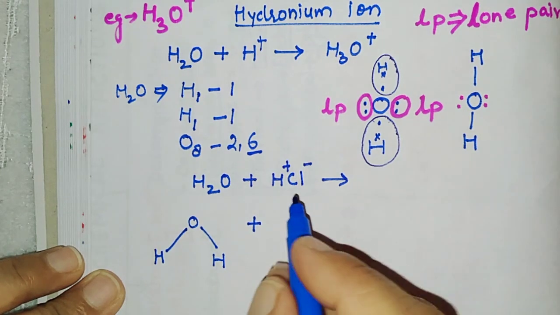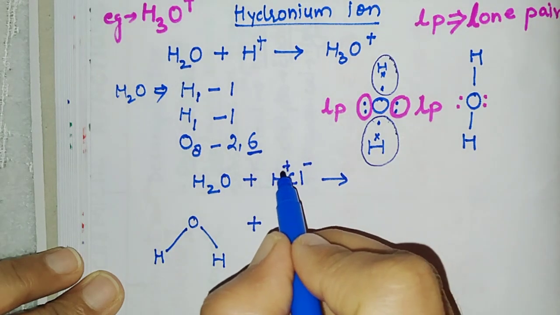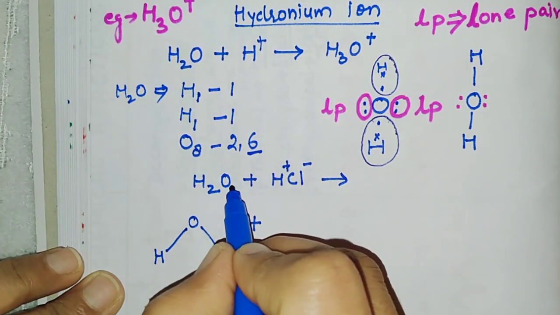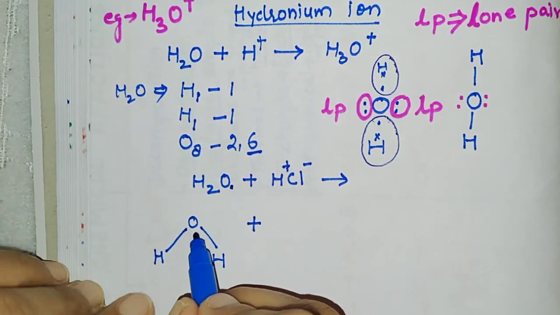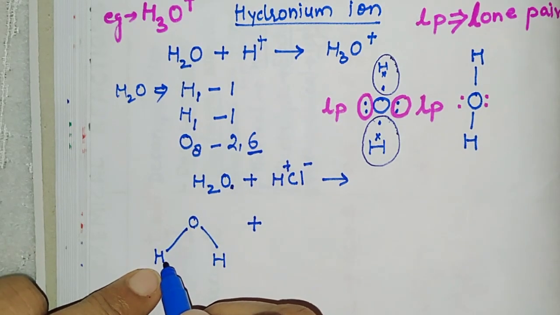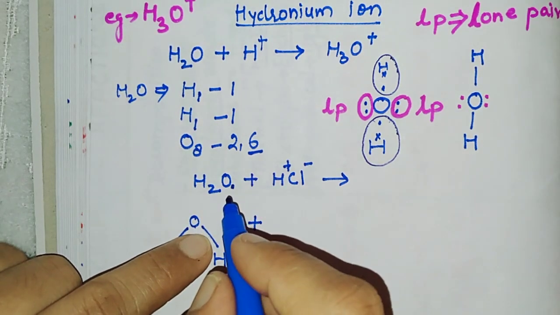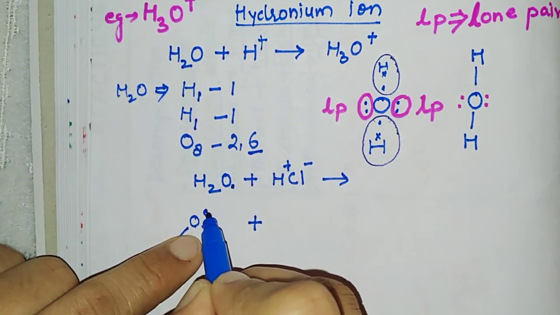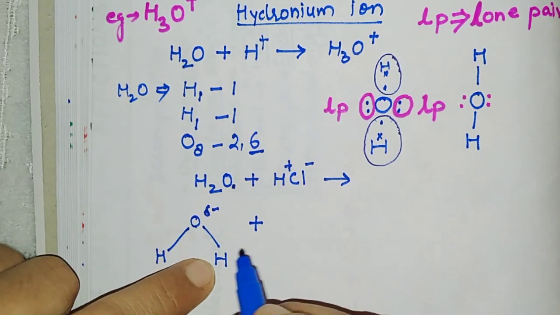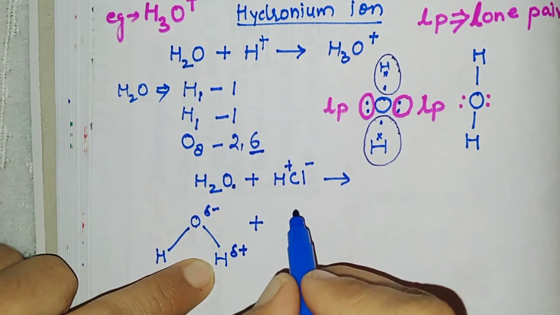Now see here, this H+ will go and attack this oxygen. Why? Because if we compare the electronegativity of hydrogen and oxygen, oxygen is highly electronegative, so it will have a partial negative charge and hydrogen will have a partial positive charge.